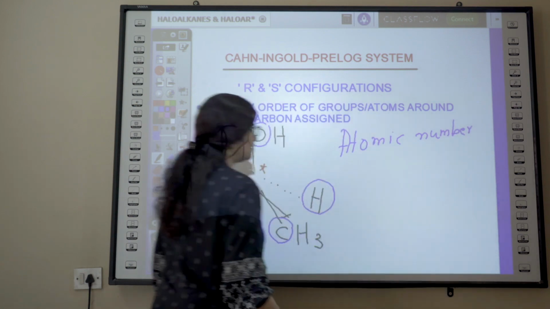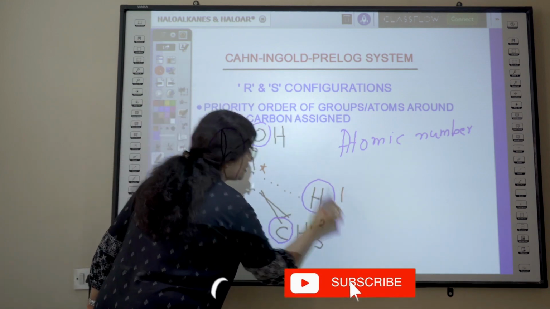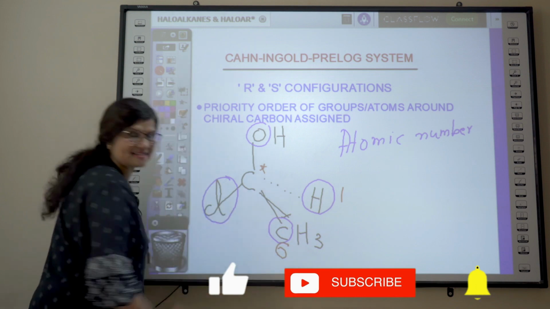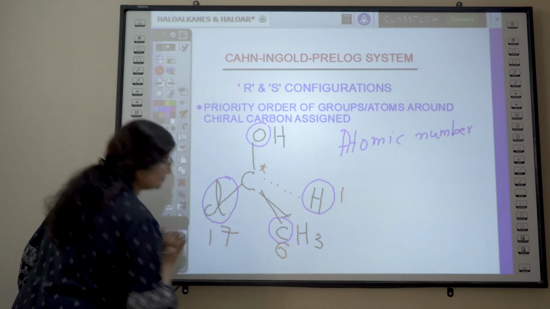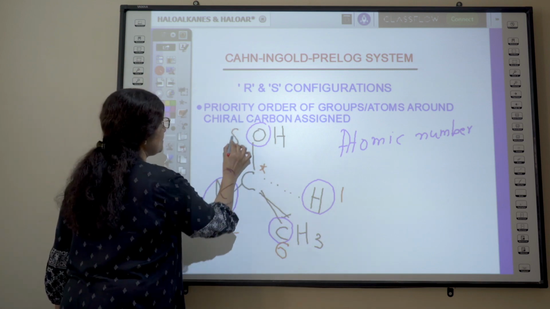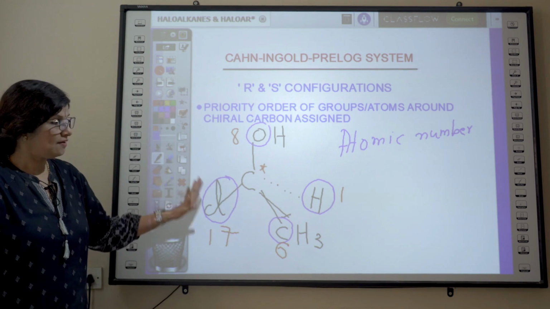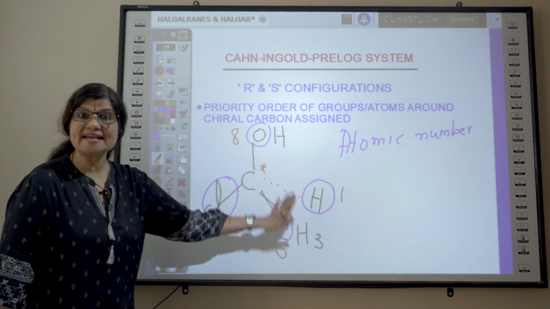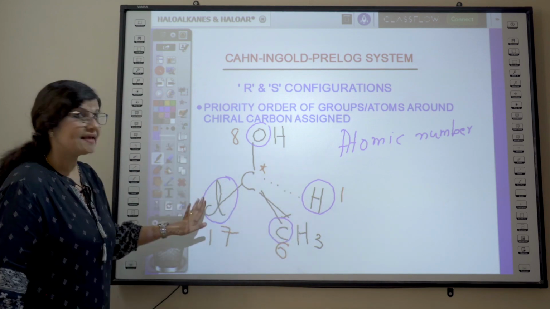We know that hydrogen has an atomic number 1. Carbon has an atomic number 6. Chlorine has an atomic number 17. Oxygen has an atomic number 8. So we know the atomic numbers. The one with the least atomic number is hydrogen. That has got the least priority. The one with the highest atomic number is chlorine.